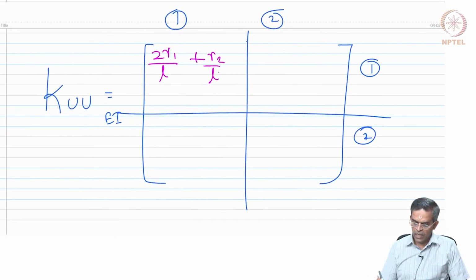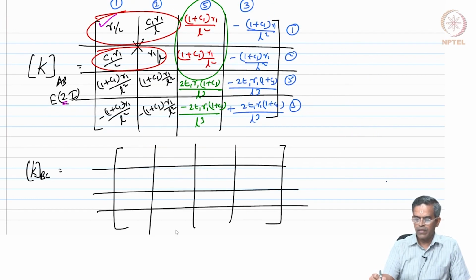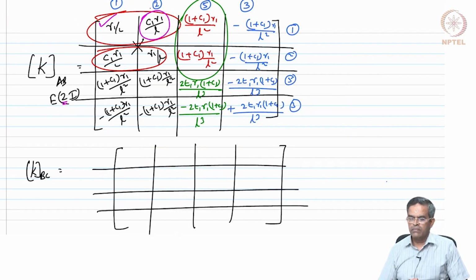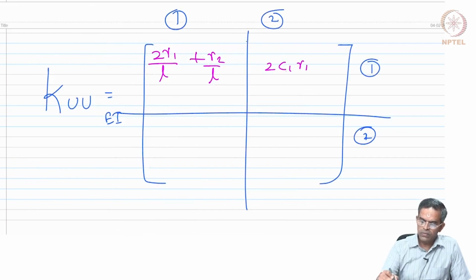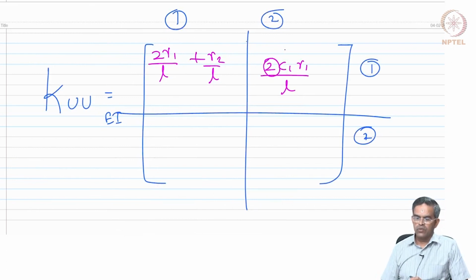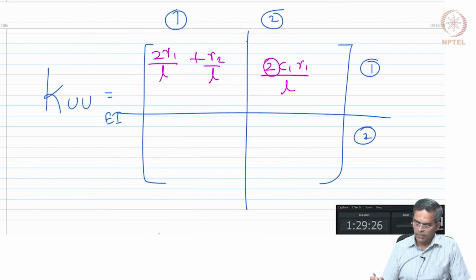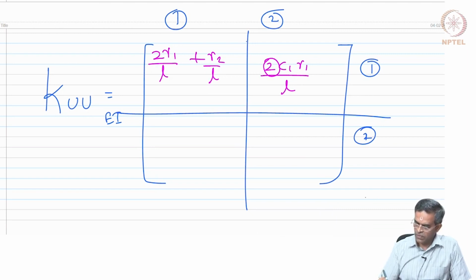Then for the second member it is R2 by L. Then let us go to 1, 2 from here. 1, 2 is this value. So, 2 C1 R1 by L, right? 2 C1 R1 by L. Why has this 2 come? This 2 has come because of this.